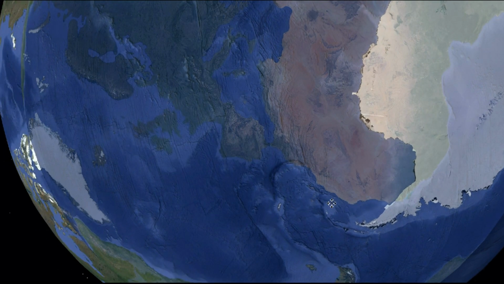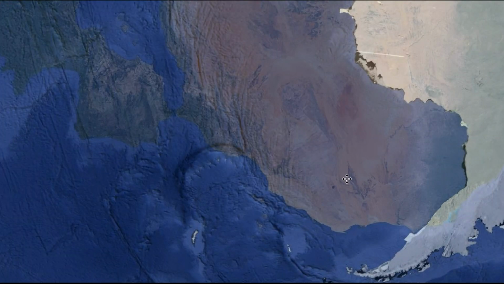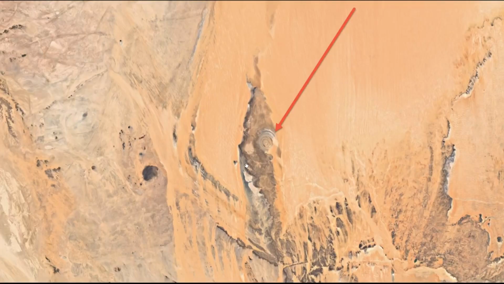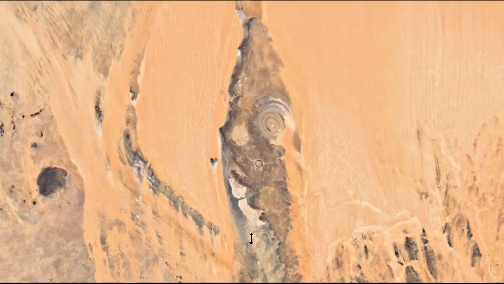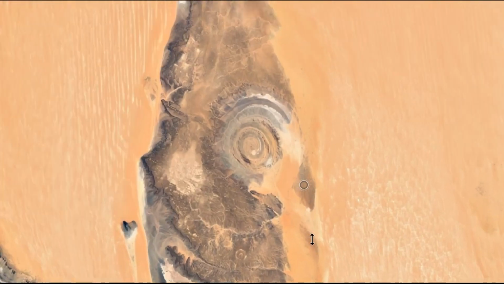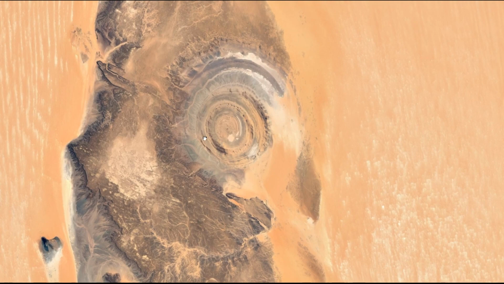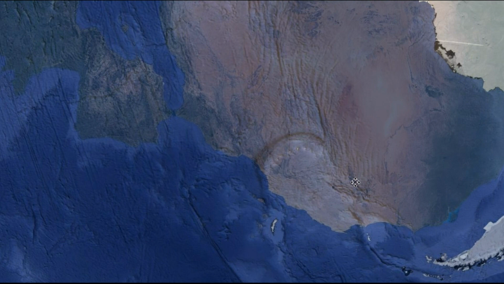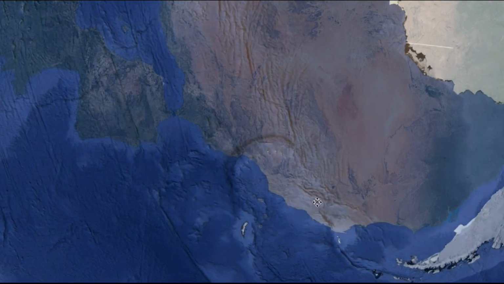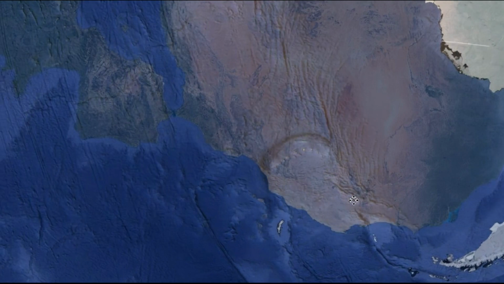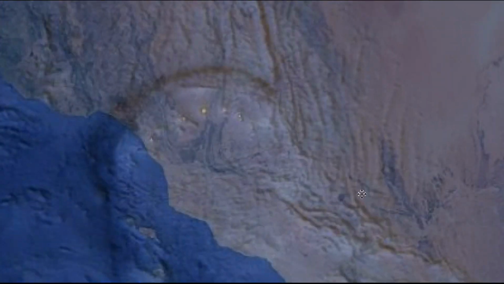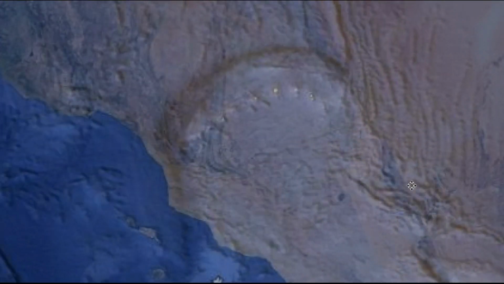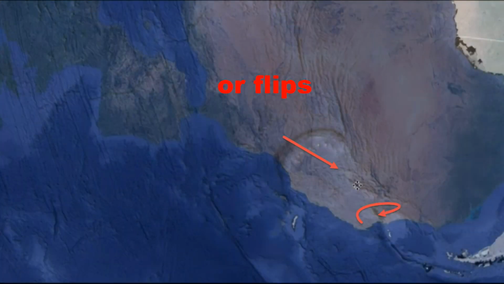And then when you look down here, right here is the Eye of the Sahara, suspiciously looking a lot like the point of twisting right here, if this rotates.